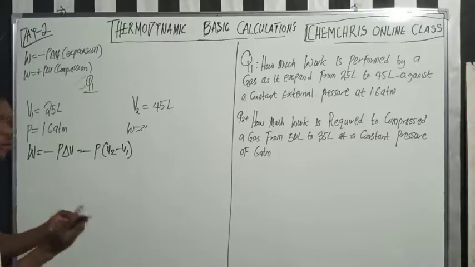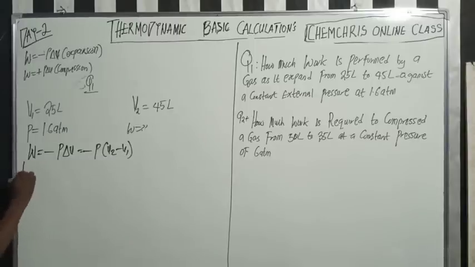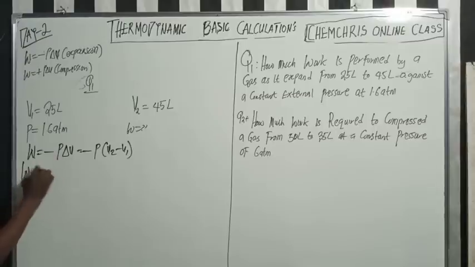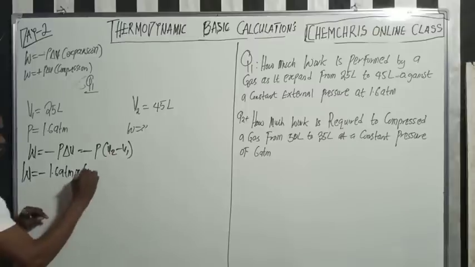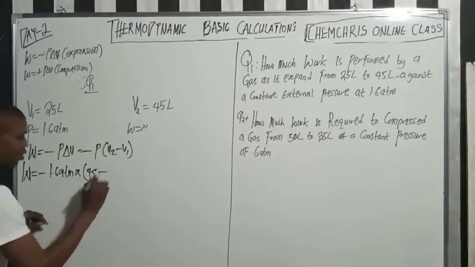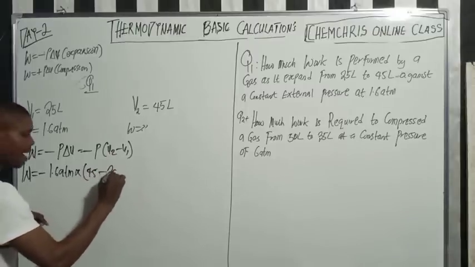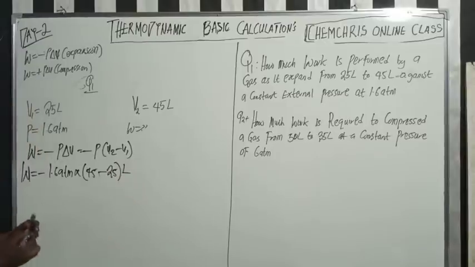So now let's plug in our values. W is going to be minus P, which is 1.6 atm, times V2, which is 45, minus 25 liters.